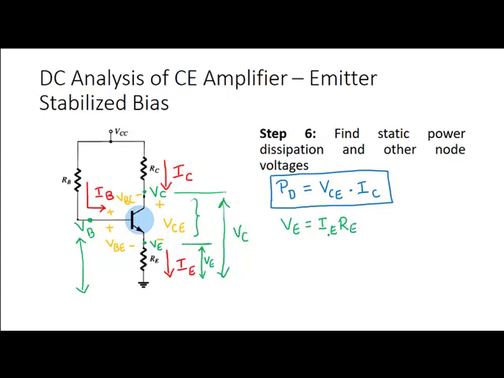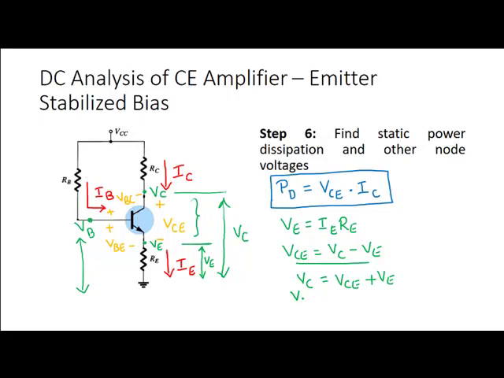Since we already know the value of IE, VE can be calculated. Then using double subscript notation, I can write VCE as VC minus VE. I have calculated VCE. VE is calculated in the previous step. So easily VC can be found out. VC is nothing but VCE plus VE.